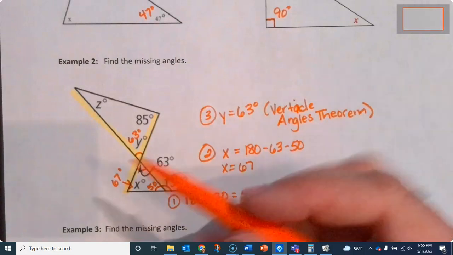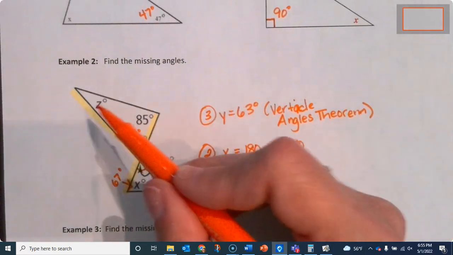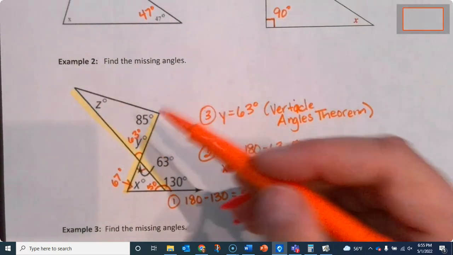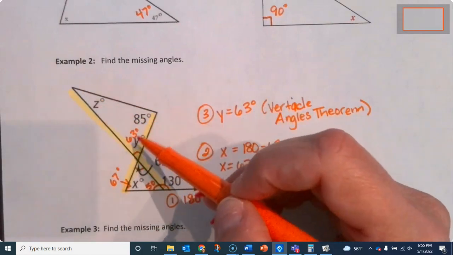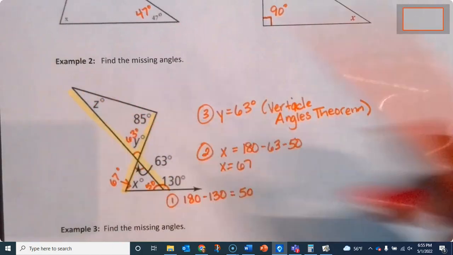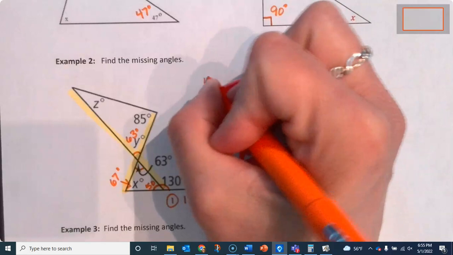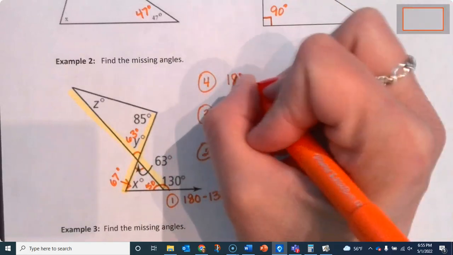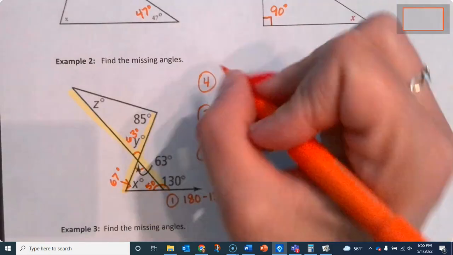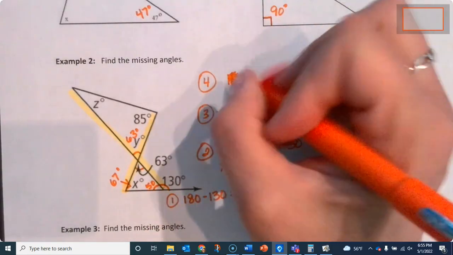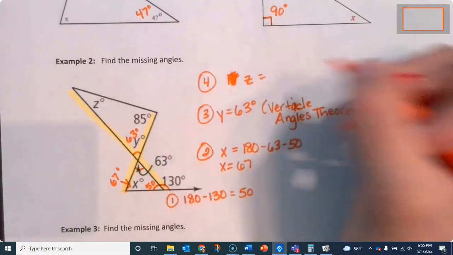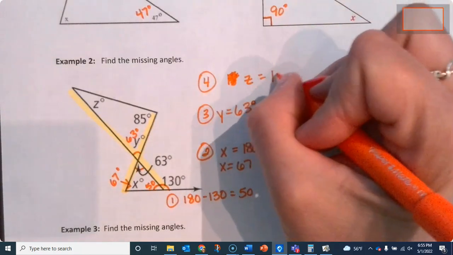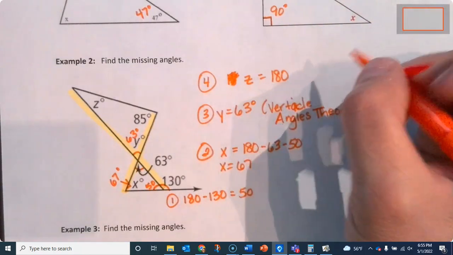All right, so now we've got angle X, we've got angle Y. The only one we have left is angle Z. And what we see here is a second triangle where we know two of the angles now, and we're trying to find that third angle. So 180 degrees is what all three angles of the triangle equal. So Z equals 180, or what the three angles add up to be.